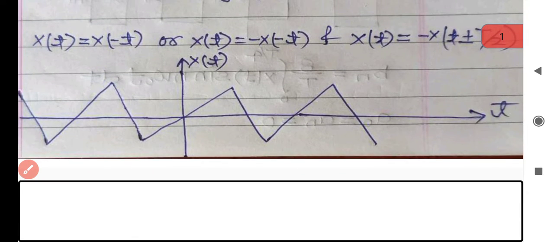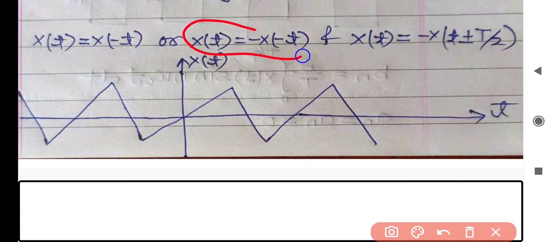Suppose here are some examples. In this, the signal x(t) has quarter wave symmetry, because this is an odd signal, which means it will follow this condition: x(t) is equal to minus x(minus t).